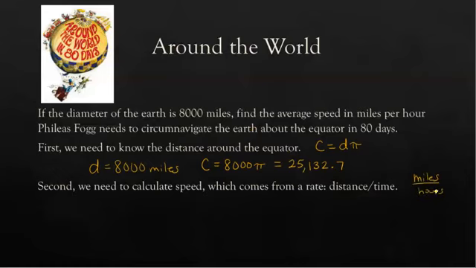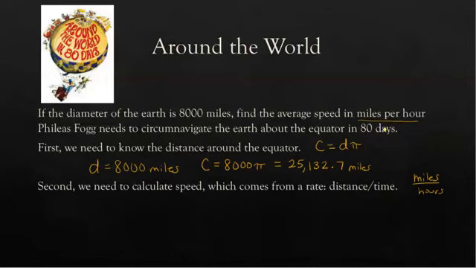So it's distance divided by time. Well, we have distance right here of how far it is around the equator. Now I need to know time. We have it in 80 days. I don't know that we want to calculate exactly how many miles a day. I think we want to know miles per hour. So we're wanting to do miles per hour.